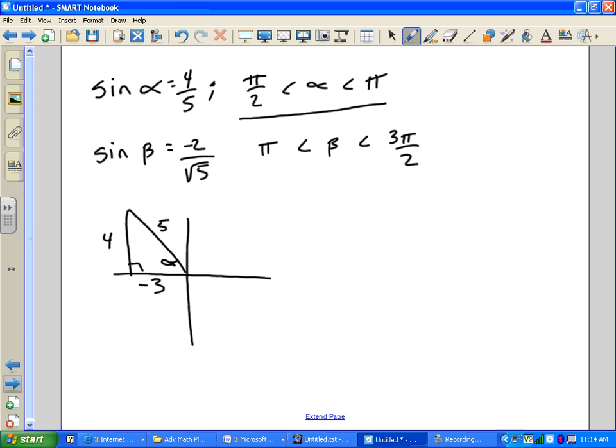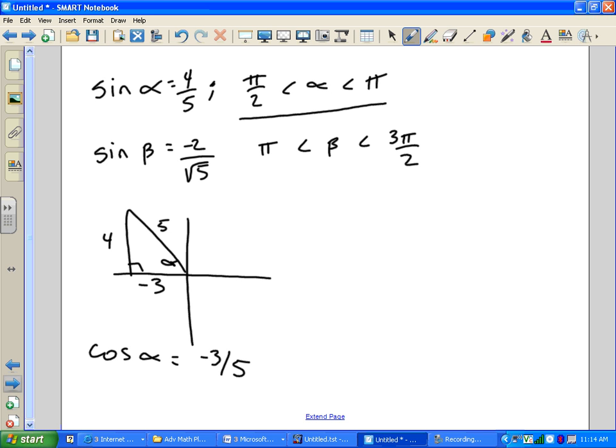Why is it negative? Because it's going to the left. Okay, so you've got to be really, really careful on your signs here. Now, can y'all tell me what the cosine of alpha is? Adjacent over hypotenuse, so it would be -3/5.